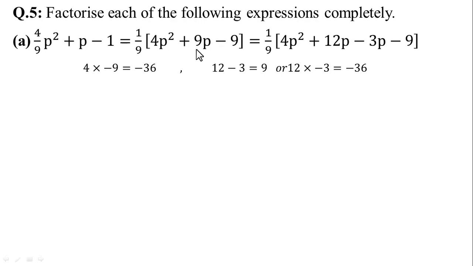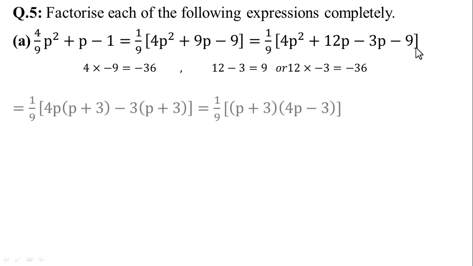So we can break 9p into two parts, 12p minus 3p. So we have 1/9 into (4p squared plus 12p minus 3p minus 9).